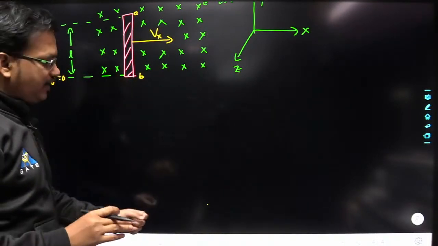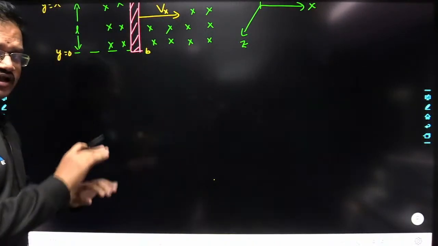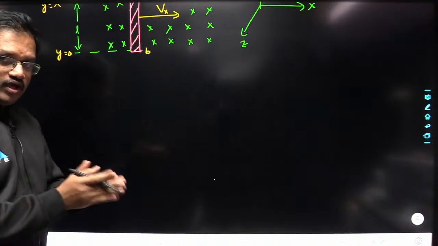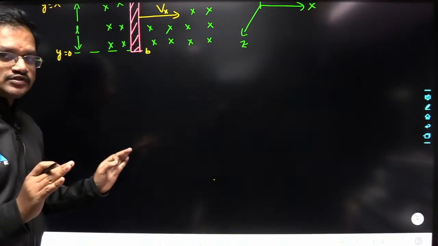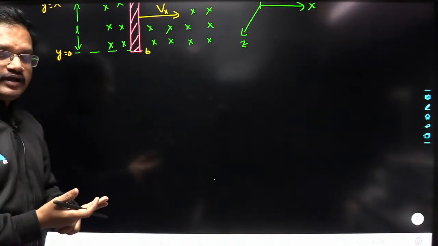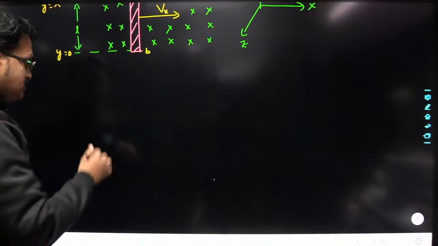Now I am writing the Lorentz force equation here. Forget about all the other things and just consider the Lorentz force equation. If both electric field as well as magnetic field are present, what is the Lorentz force equation?